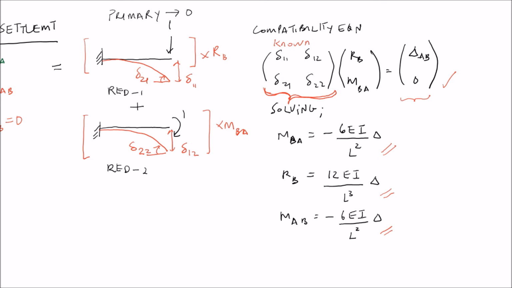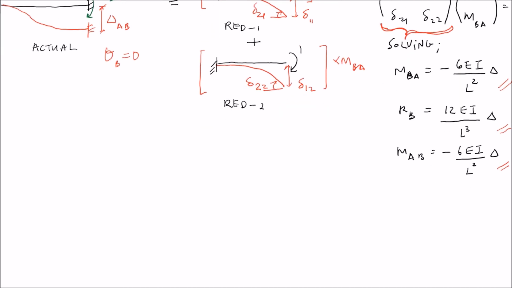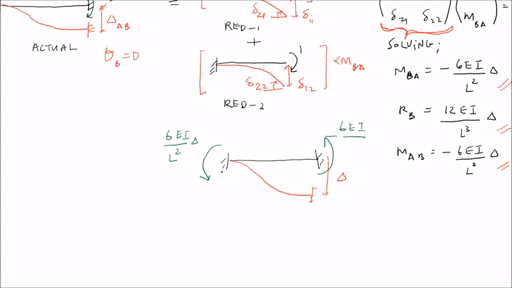Looking at these results, if you have displacement at the other end like this, so this is delta, the displacement, the moment that you are going to develop is basically a counterclockwise moment. It's negative, so counterclockwise moment, and the value is 6EI over L squared delta, and also 6EI over L squared delta. These are the results.